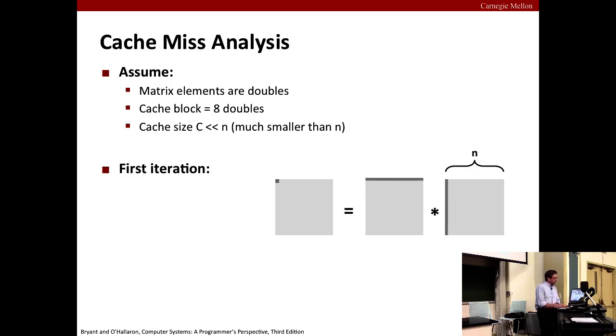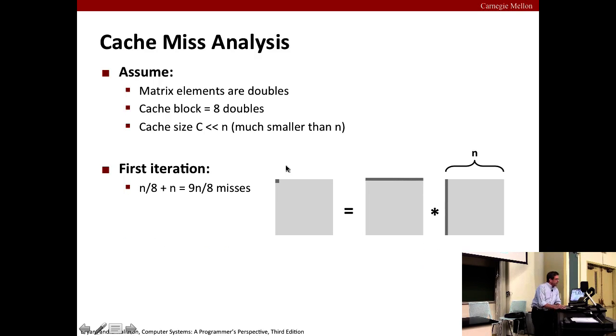So let's look at the miss rate for this. This is just our original unblocked matrix multiply. We're computing C00 by taking an inner product of row 0 and column 0.